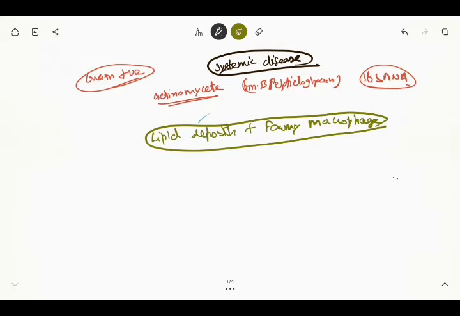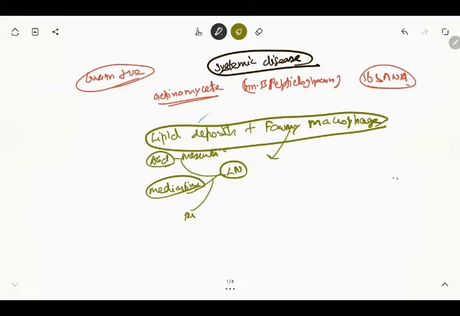These foamy macrophages are also seen in lymph nodes. These lymph nodes can be abdominal lymph nodes such as mesenteric lymph nodes, or mediastinal lymph nodes, or it can go to peripheral lymph nodes such as the axillary and inguinal groups.